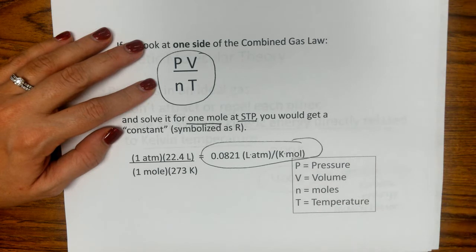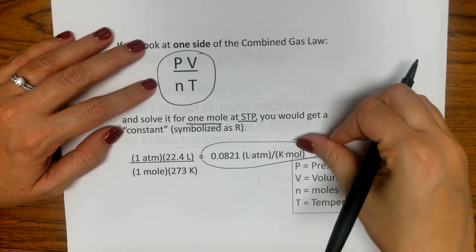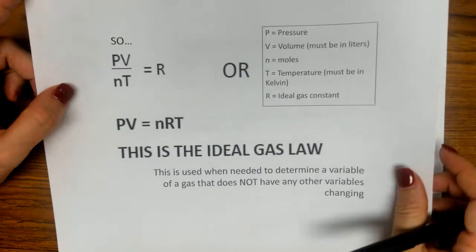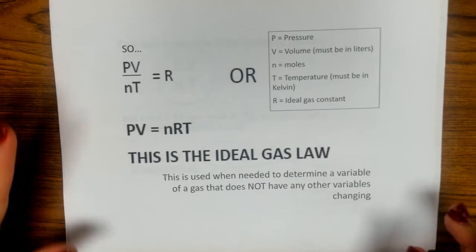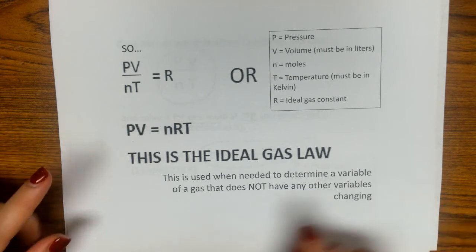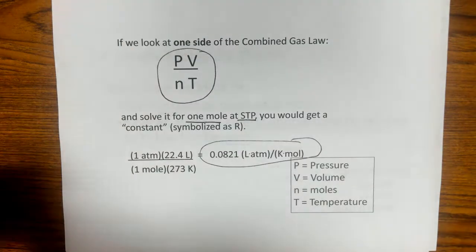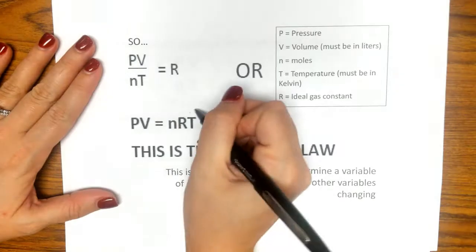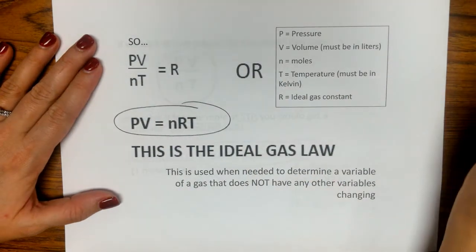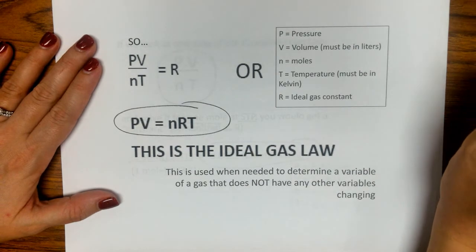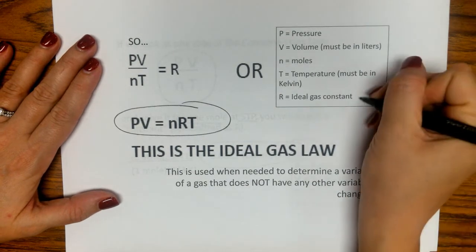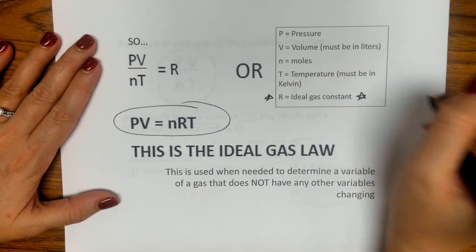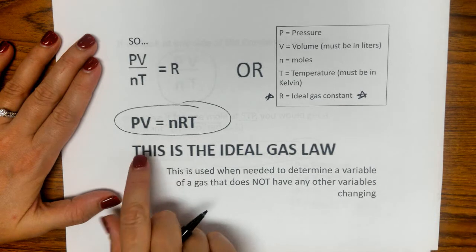And so this is actually a constant that's used in the ideal gas law. Our formula for the ideal gas law comes from the combined gas law and the fact that these variables, when you divide them out, always equal this number. And this is the formula for the ideal gas law. Pressure times volume equals n, which is moles, times R, the ideal gas constant, times T. So this is our ideal gas law formula.